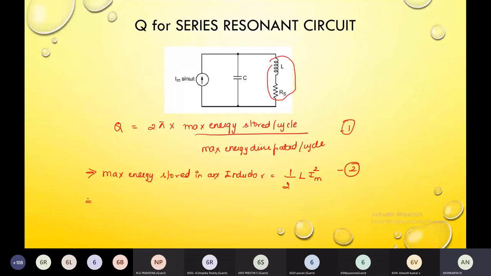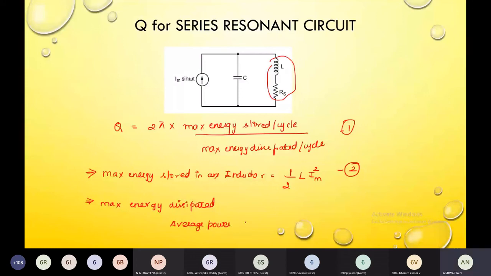Now we have to find the maximum energy dissipated. To find it, first we will find the average power dissipated, then we will relate energy and power, correct? So what is the average power dissipated?